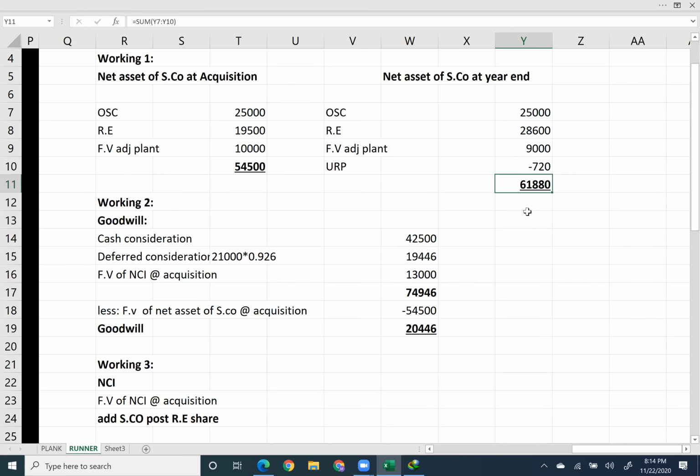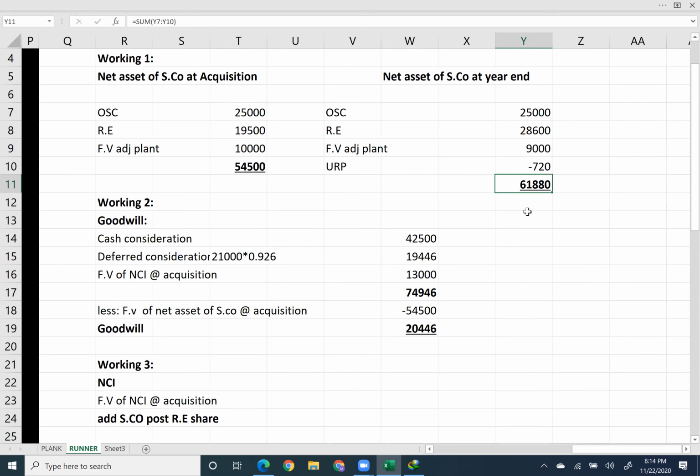Now one question: sir, cash in transit, how will we adjust it? We will directly adjust cash in transit in the balance sheet. Don't worry at all. We have made the packets of acquisition date and reporting date.